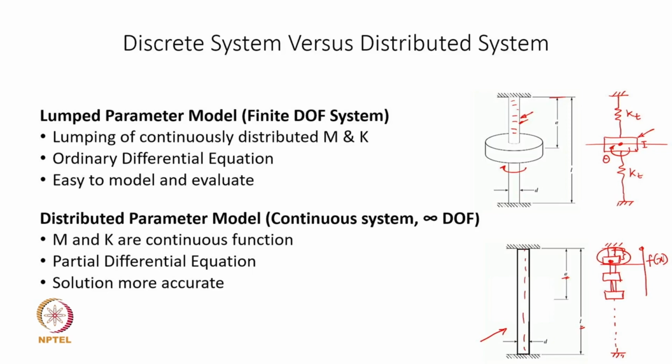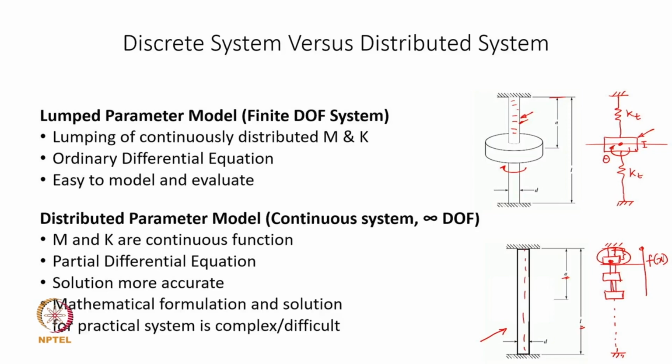The flip side of it is the mathematical formulation and solution for a practical system is complex, many times extremely difficult. Sometimes the continua may not be so simple, like a constant cross section bar or a beam, and the moment it deviates from that standard geometry, formulating the governing equation of motion can be tough, and the solution is even tougher.